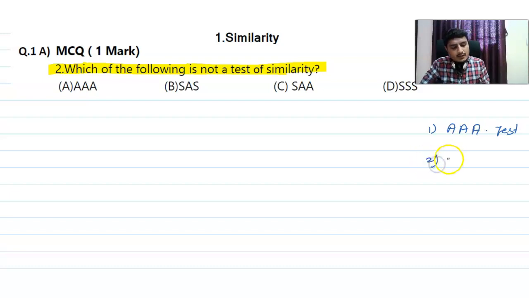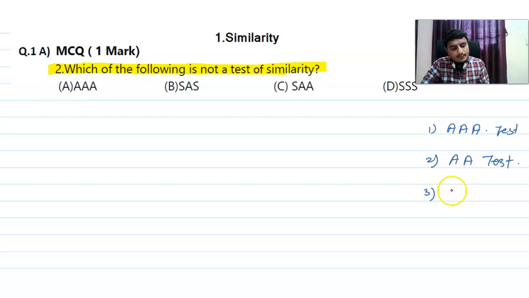Second test of similarity of triangles, we have the AA test. Once any 2 angles of the first triangle are congruent to corresponding 2 angles of the other triangle, then the 2 triangles are said to be similar by using the AA test.